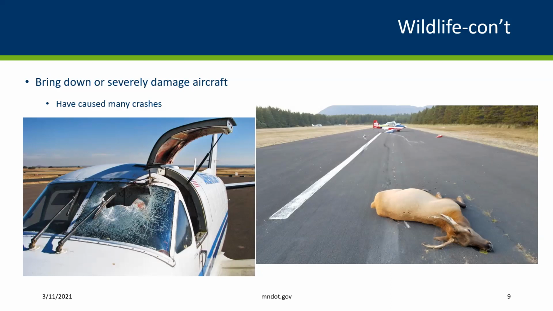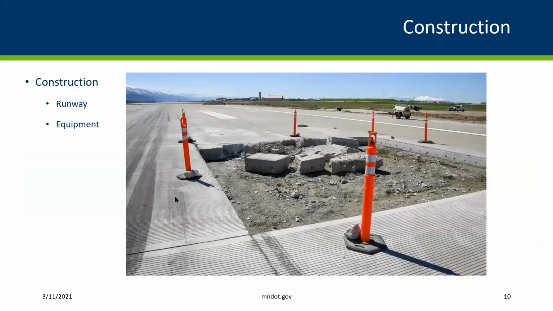It was because of geese. They took out both engines on one side. These are just some photos to emphasize that animals can be very dangerous to airplanes and the people on them. So if you have something that's out of the ordinary, that's what we're looking for. We recognize that you're probably going to have animals and birds nearby. That's okay.